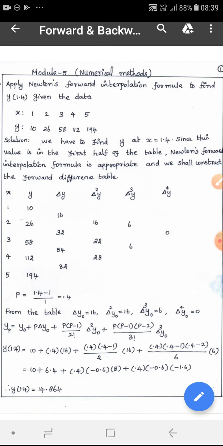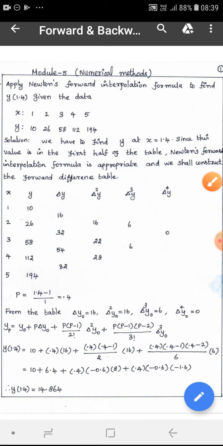Whenever we use Newton's forward difference formula, in the formula we are going to use the entries which are the topmost entries of each column. So if we see the column y, then delta square y, delta cube y, the topmost entries.